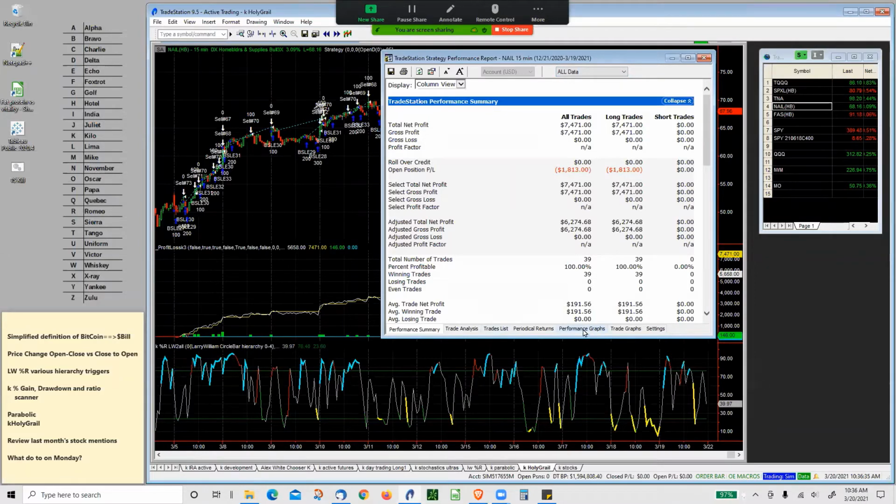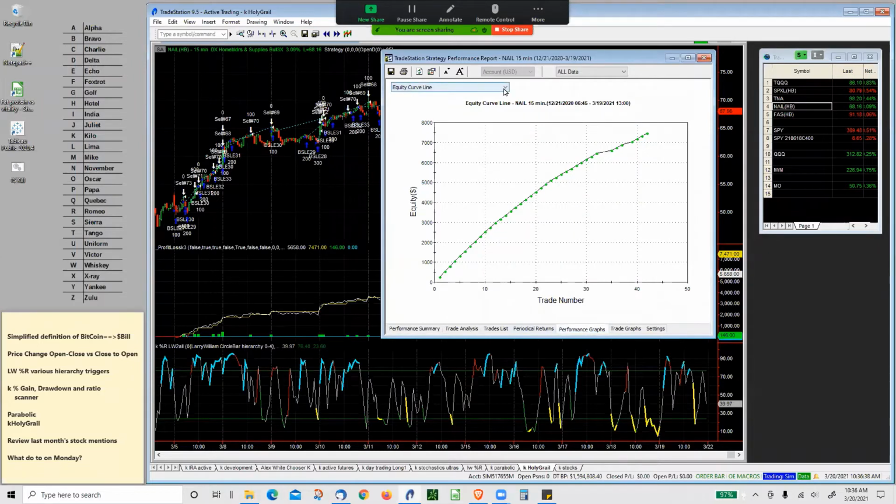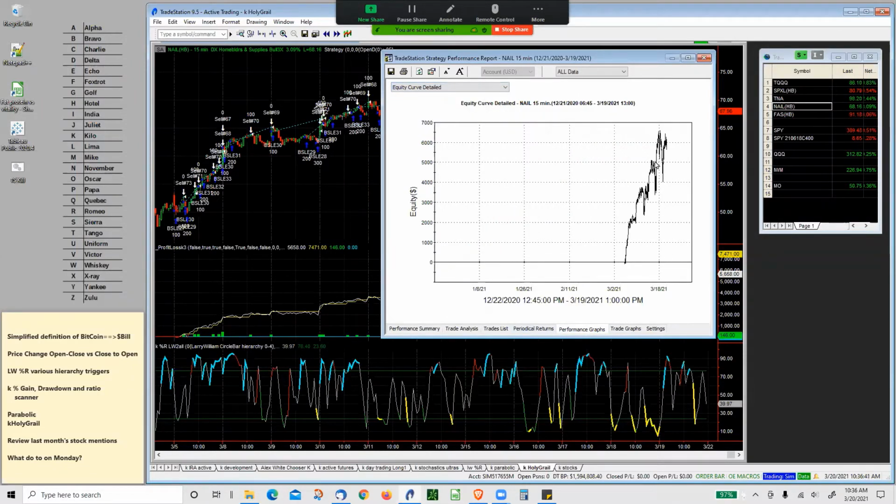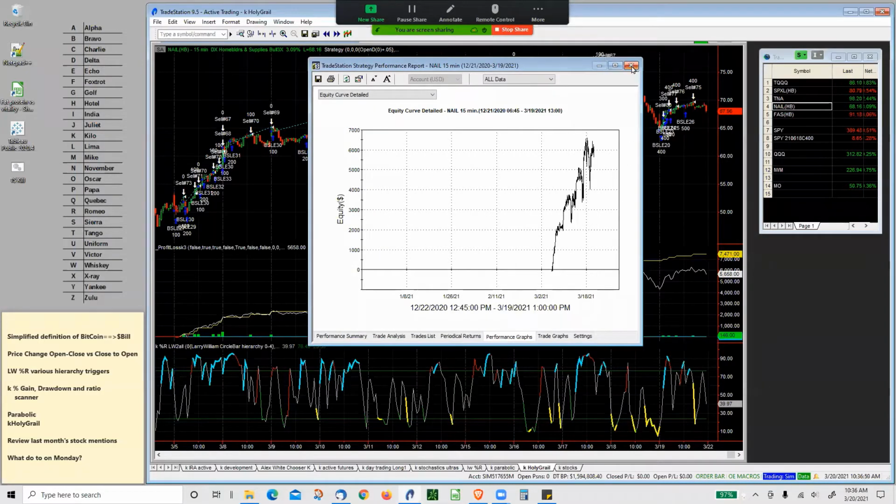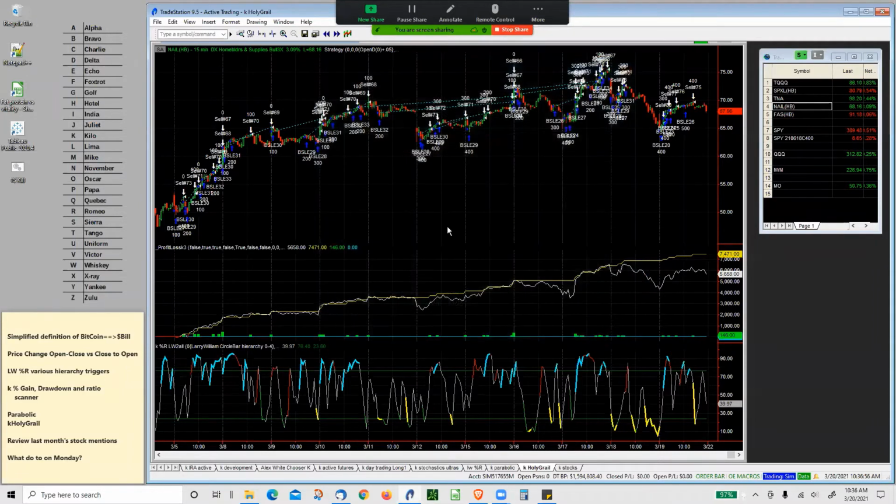There is a drawdown, and that is when you look at the pullbacks. So you can see these pullbacks. When it keeps drawing down, you've got to keep on buying and buying more. So if the stock is like Nail that goes upwards to the right, this is fine. This is not a problem. And it allows you to get multiple entries, and you can actually do some really nice trading.